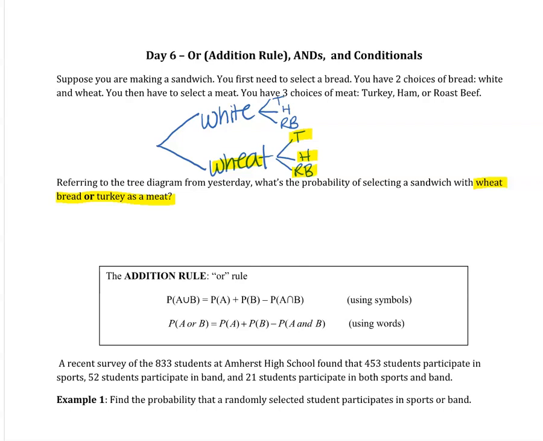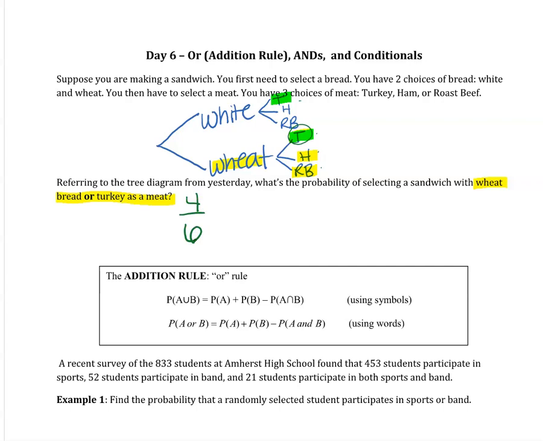As far as turkey goes, there are 2 options. Now, obviously, there was an overlap here where this guy fell under both categories. Now that's the same sandwich, right? So we don't want to count them twice. So that means we have 1, 2, 3, 4 possible sandwich options out of 6. So 4 out of 6, or 2/3, would be our probability.